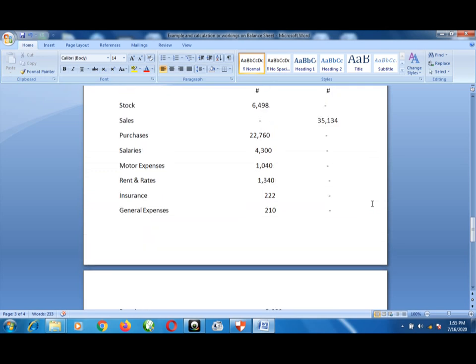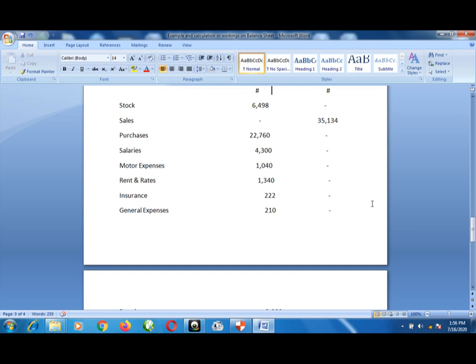Just go straight to purchases and use it to start your trading account. Sales, purchases, and stock at close are the items of the trading account, like we have done in the past.